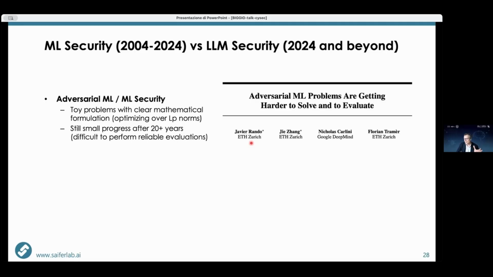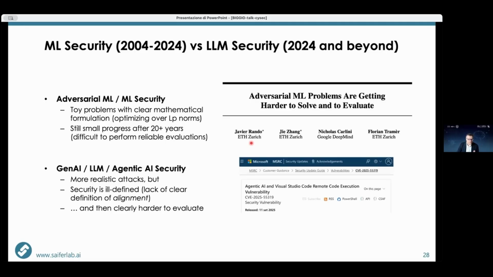While I hope I have convinced you that something can be done more effectively in the cybersecurity space because the attacker is more constrained. And now, what happened when we moved to LLM agentic AI is that we have more realistic attacks. We have less, let's say, mathematical support.